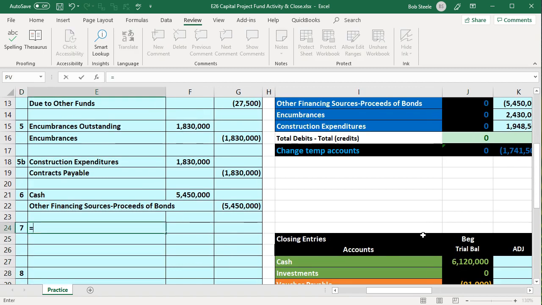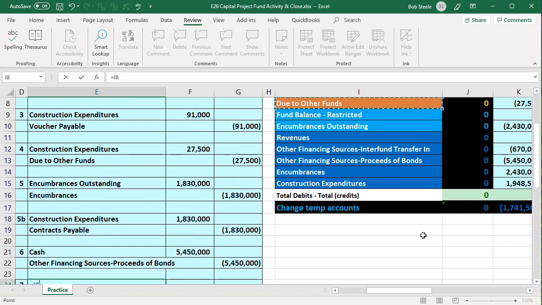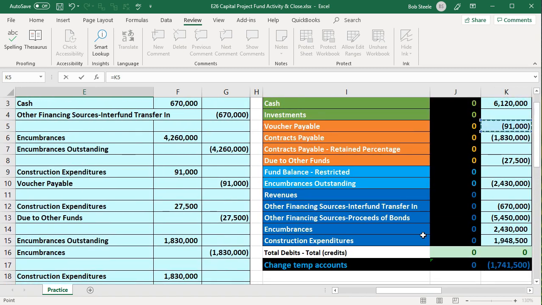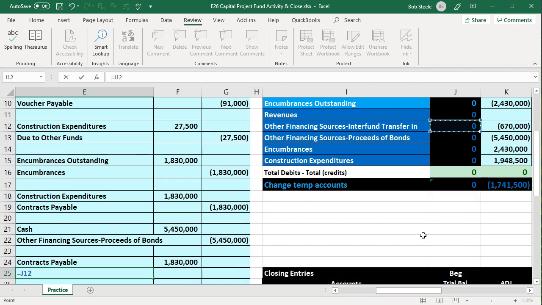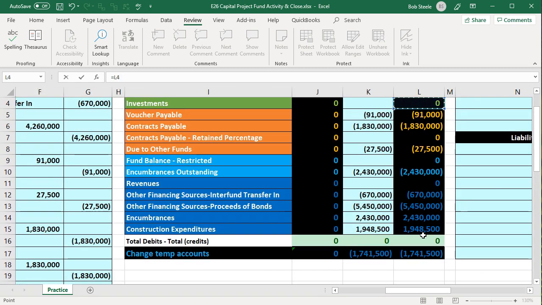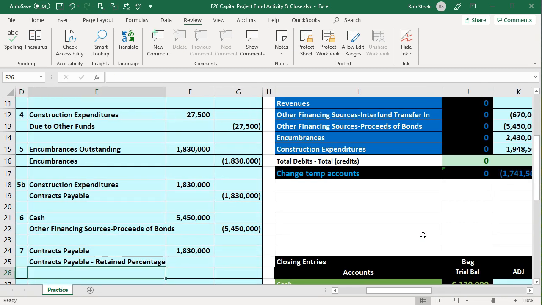So we're going to say the contracts payable is going to go down by that amount. We're going to decrease it, therefore we need a debit because it's got a credit in it, by 1830000. And then we're going to put some of it into the retainer. So we're just going to move it from one payable to another payable, this being the retained portion.